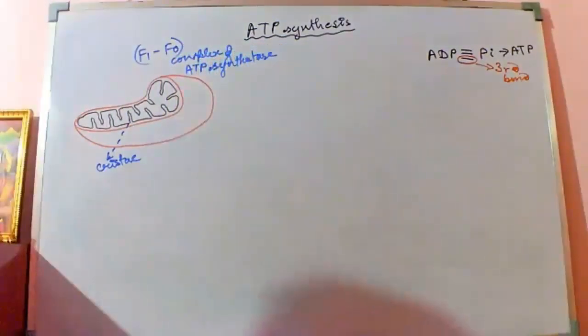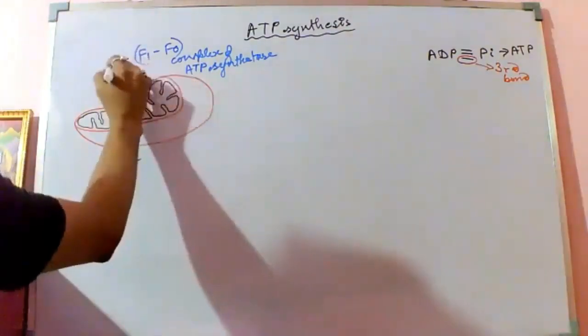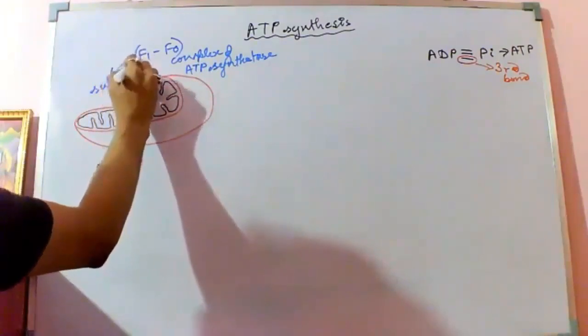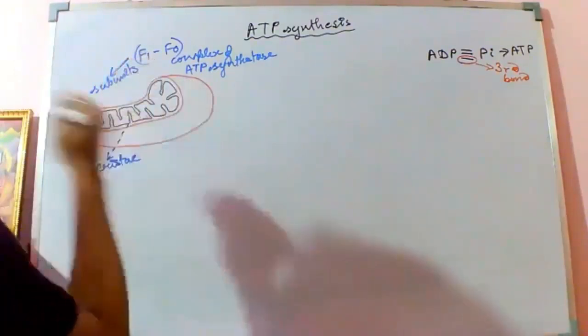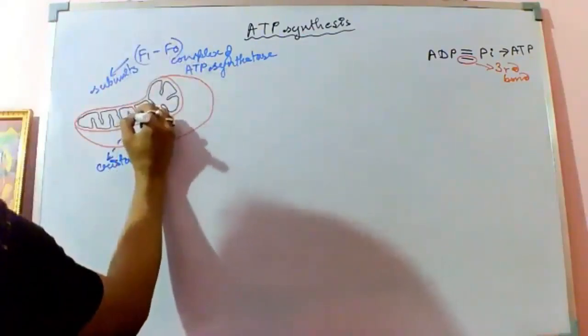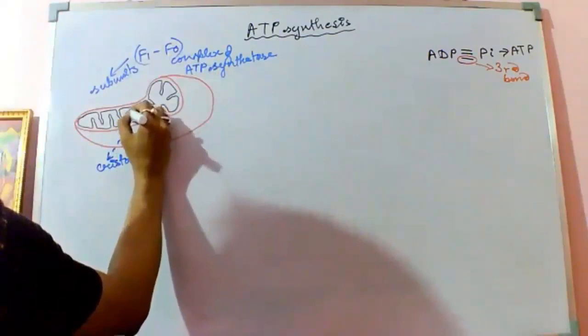Now the ATP synthetase is having F1 and F0 subunits. These two are subunits. Now these F1 and F0 subunits are attached in a stalk-like structure.